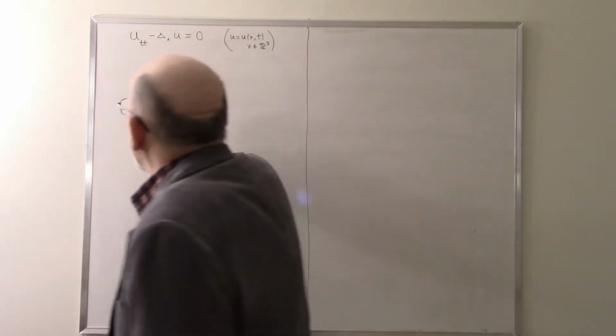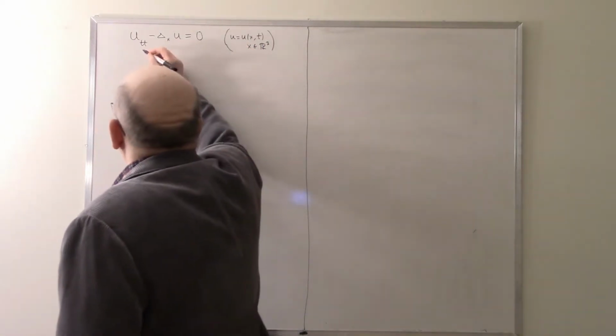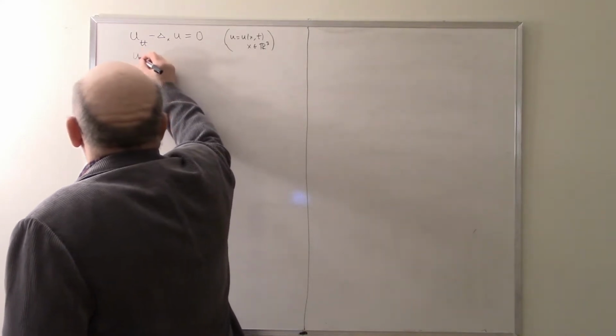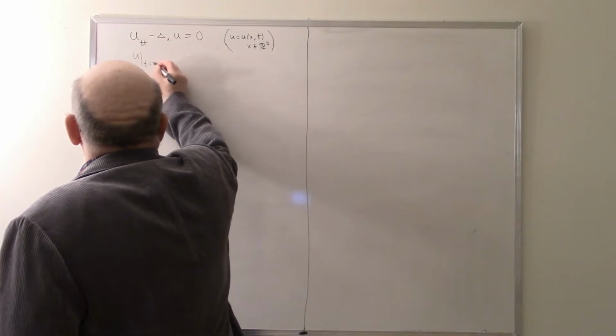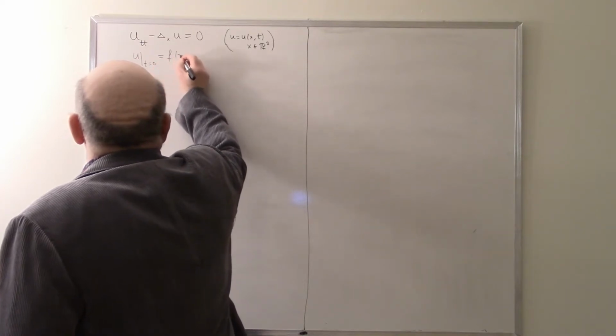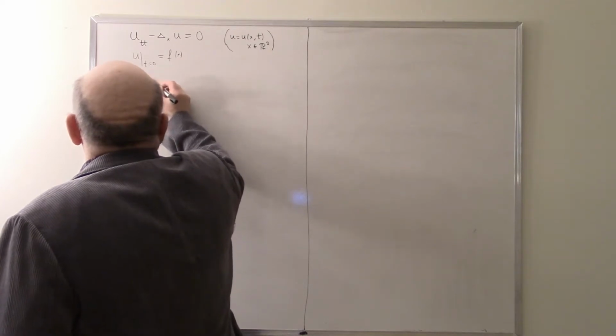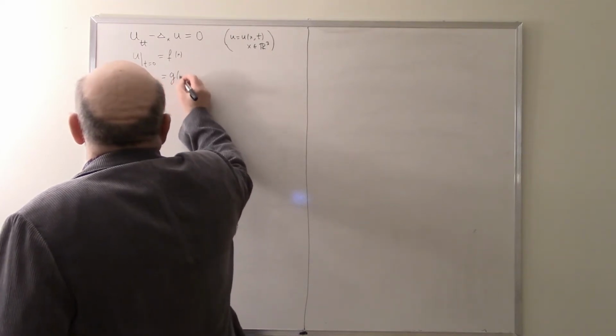Initial condition: let me first remind the formula. u for t equals 0 equals f of x, u_t for t equals 0 equals g of x.